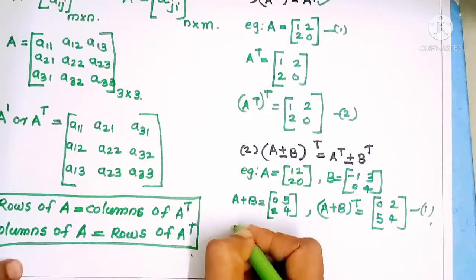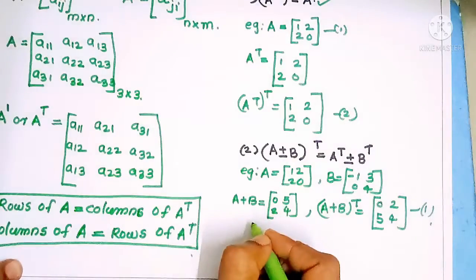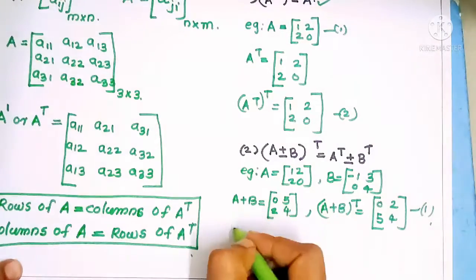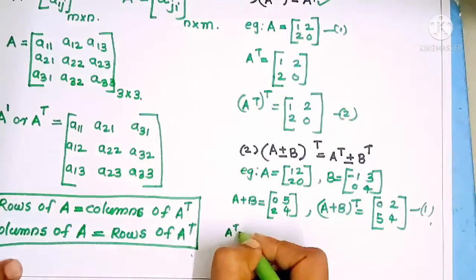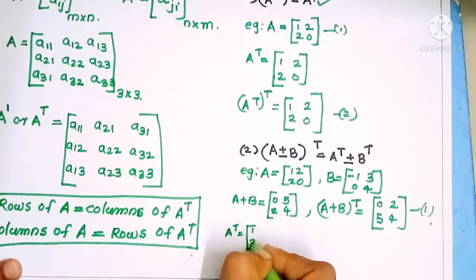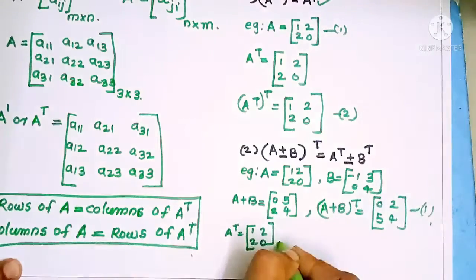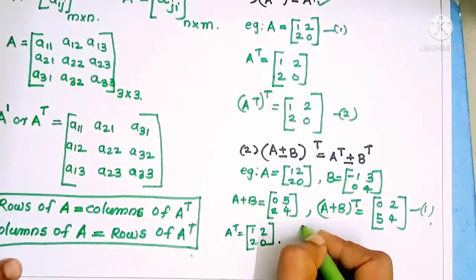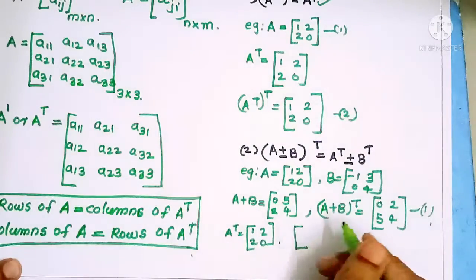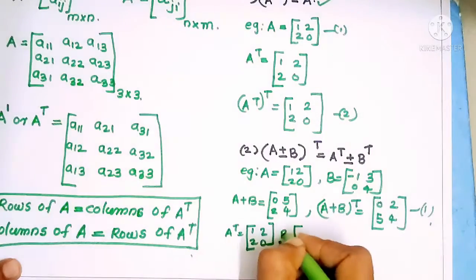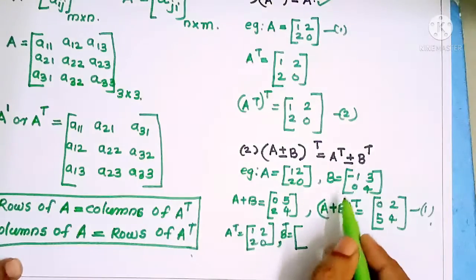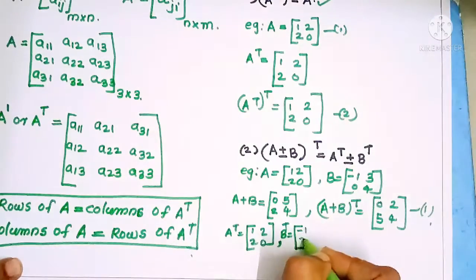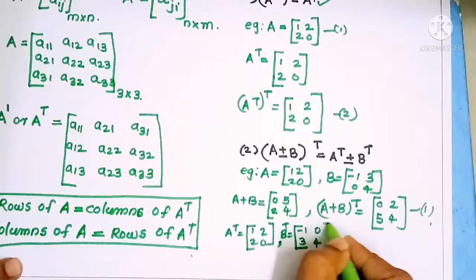Next we find A transpose, that becomes [1, 2; 2, 0]. Next find B transpose. It should be equal to [-1, 3; 0, 4].